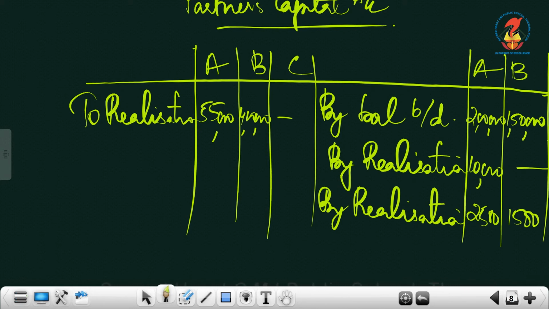See your, this 55 and 4 lakhs, it should come in the other columns, B's and C's column. Just see their names and write. Yes, B and C's amount.